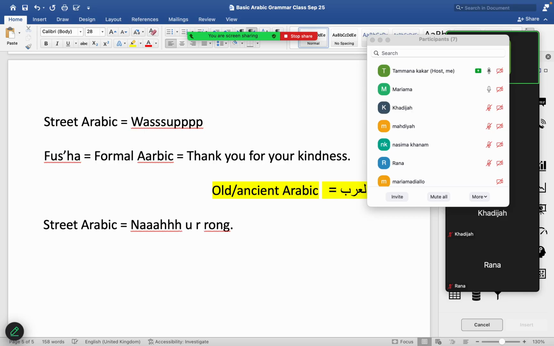I know that the spellings are wrong, but this is the short way of saying you are wrong, right? When we talk in the messages and stuff. So that is your street Arabic. That is your street English. You say nah. Nah, yeah. Or there you go. What does this mean?